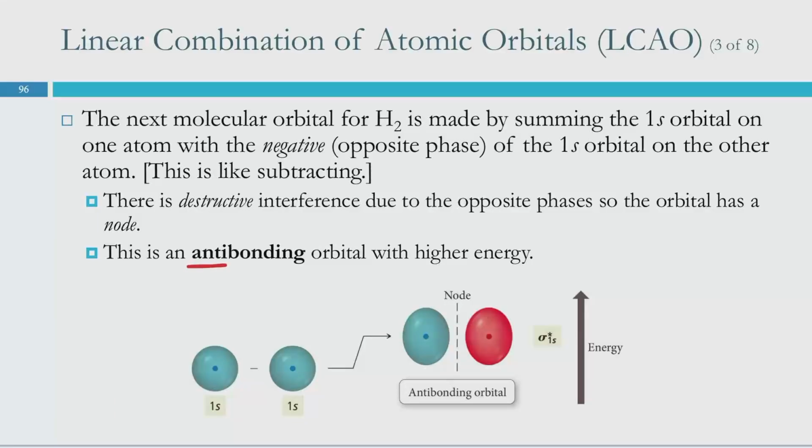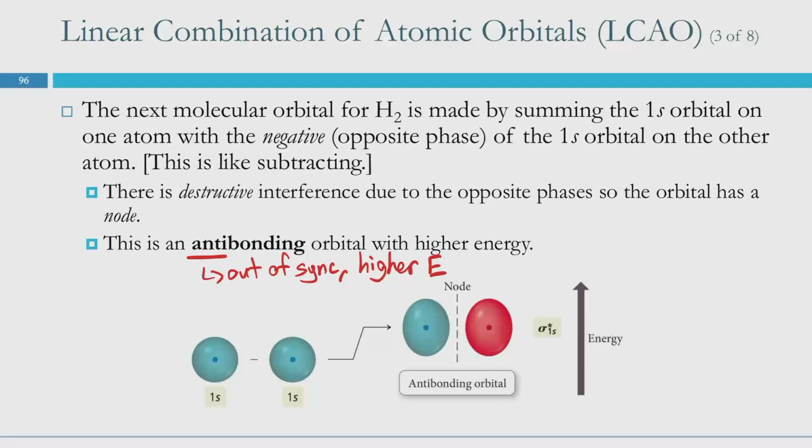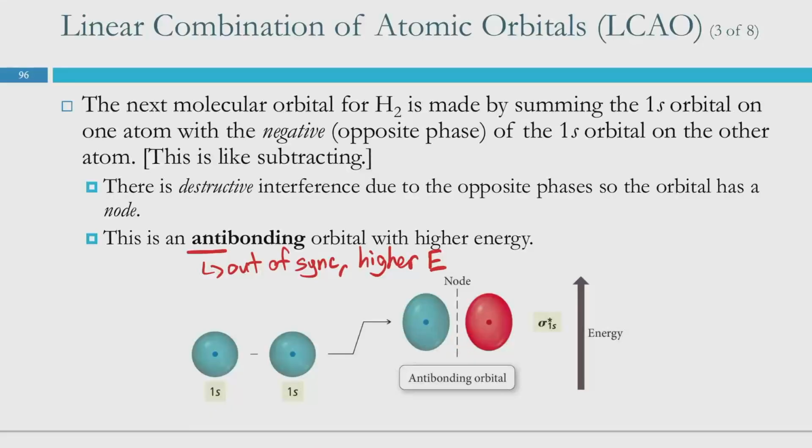So this is anti-bonding. This is out of sync. This is higher energy. So our energy level goes up, and this would still be sigma because of the shape, the way that they interact, but now it gets this star designation.